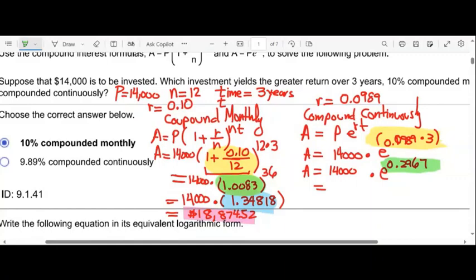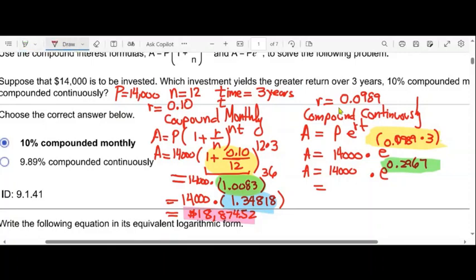You just multiply 0.0989 times 3, and that should give you 0.2967. Clear your calculator and do it again. 0.0989 times 3, close the bracket.